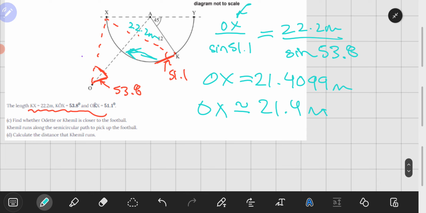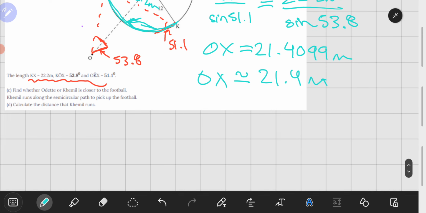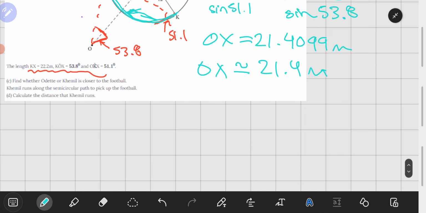Now for our final question, we're asked to calculate the distance Kemal will run if he runs circularly to the ball. This is a question about arc length, so we have to use the formula for arc length.